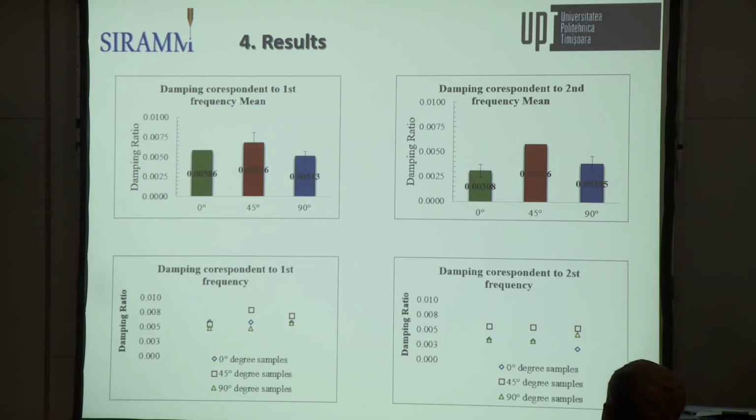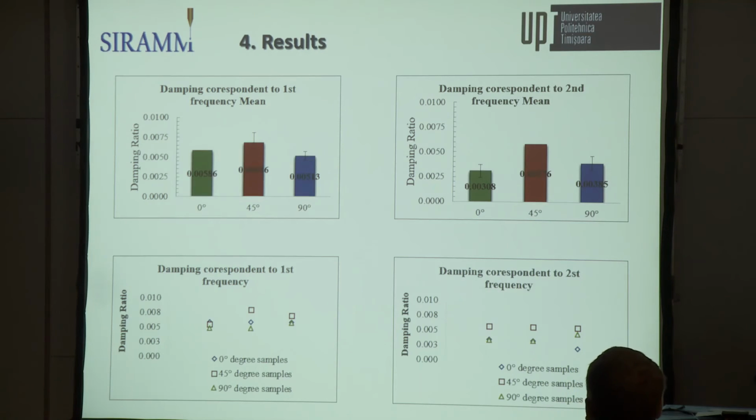Taking into account the results, we calculate the Q factor, and with the Q factor next we calculate the damping corresponding to the first frequency mean and to the second frequency mean.